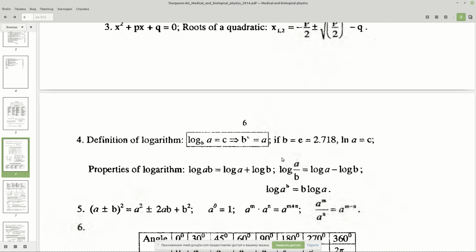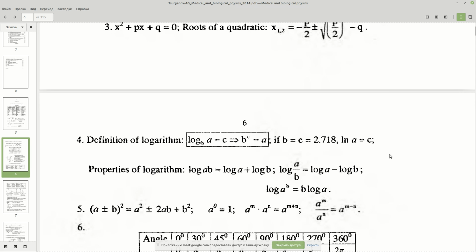So we use only two or three numbers after the comma. If we have the exponent as the basement in the logarithm, you will receive the natural logarithm of the number a. It will be c. So you have the same properties of logarithm as the properties of the powers, the formulas of powers.